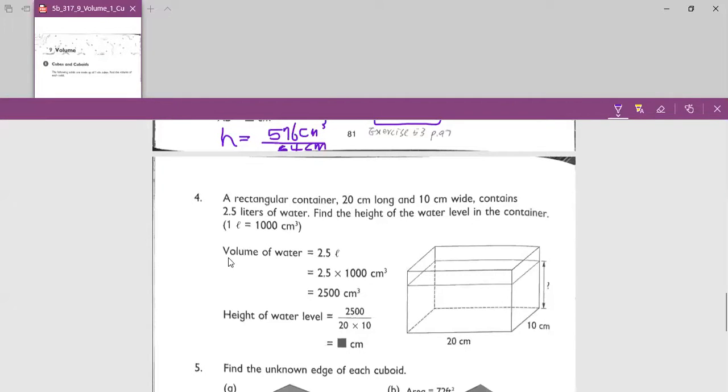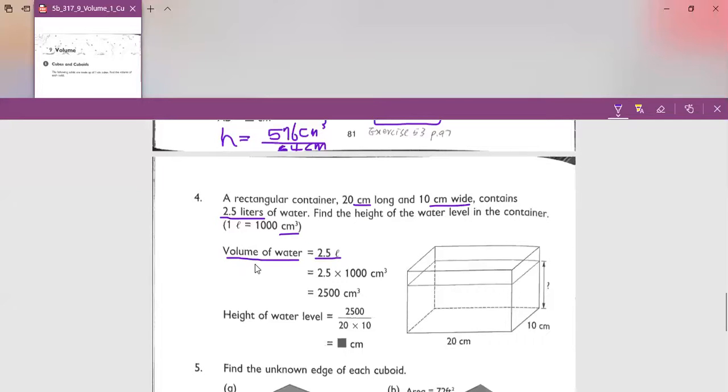All right, so let's take a look at this question. It says the volume of the water is 2.5 liter. So we need to convert 2.5 liter to centimeter cube. Why? Because all the other measurements are in centimeters, 20 centimeter long, 10 centimeter width, right? We want to make the volume into the same unit so we can compare together.